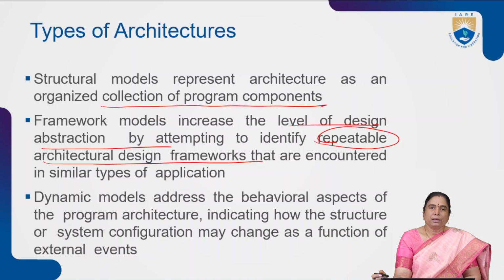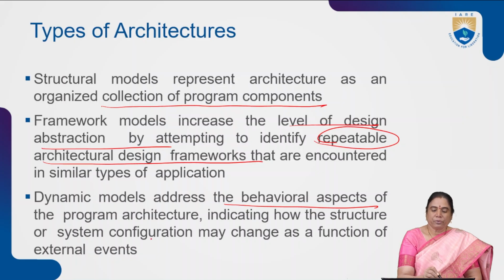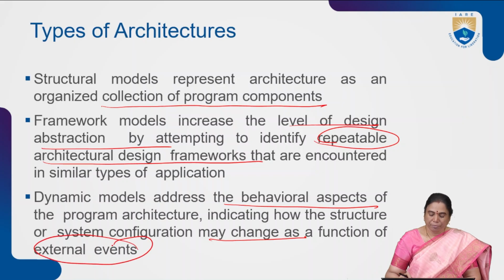The next variety of architecture is the dynamic model, which addresses the behavioral aspects of program architecture, indicating how the structure and system configuration may change as a function of external events or stimuli.